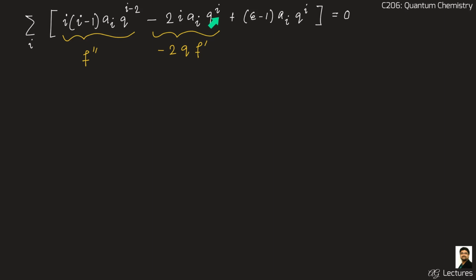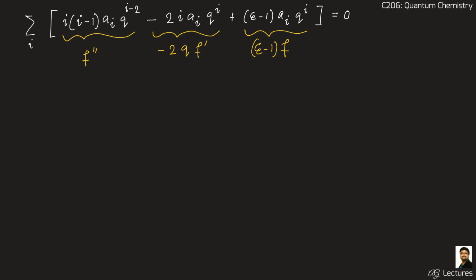And the last term is epsilon minus 1 times f. So these are the three terms that were in the original equation, and now they are all represented by this infinite series of index i.